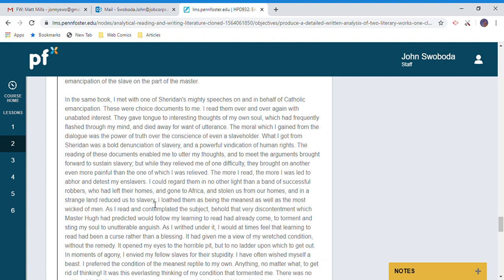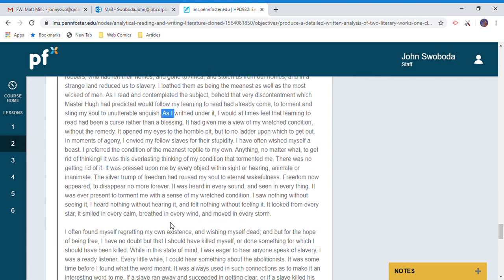As I read and contemplated the subject, behold that very discontentment, which Master Hugh had predicted would follow my learning to read, had already come, to torment and sting my soul to unutterable anguish. As I writhed under it, I would at times feel that learning to read had been a curse rather than a blessing.